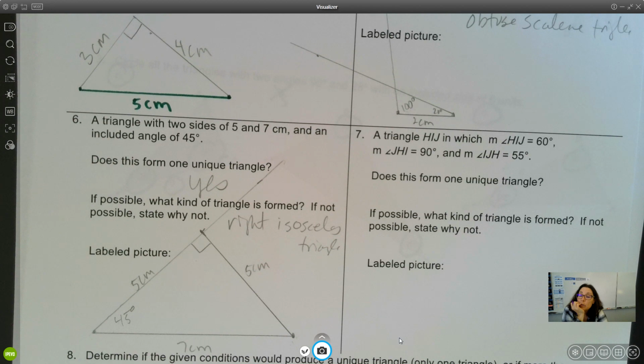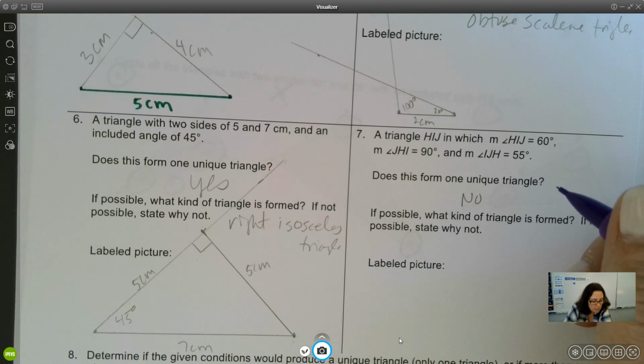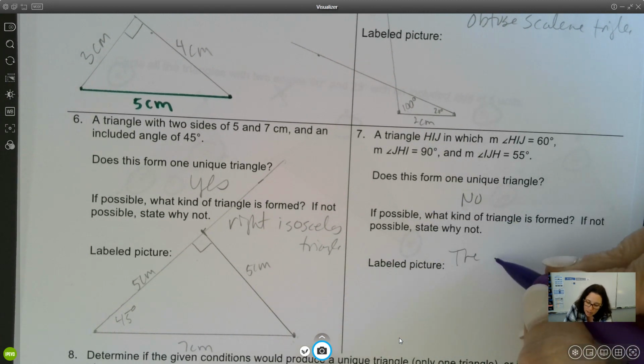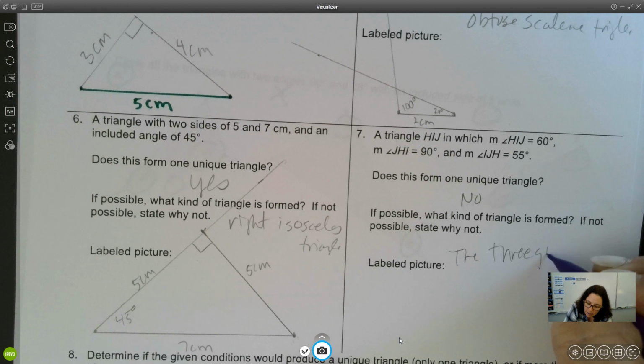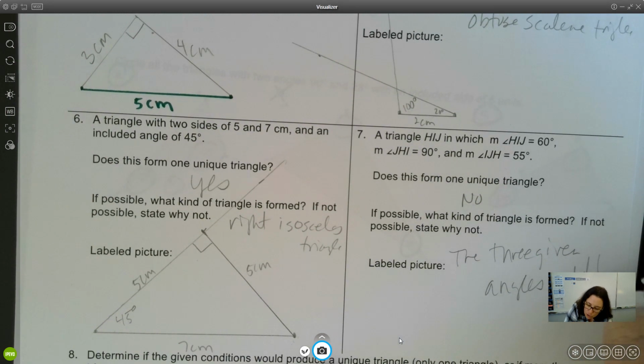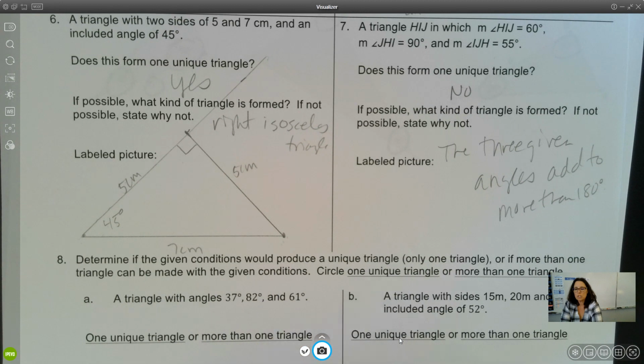No, we're at like 205. So no, this doesn't form a triangle. It says to state why not. The 3 given angles add to more than 180 degrees, which is impossible inside any triangle. Let me scooch that up because my little picture's blocking it.